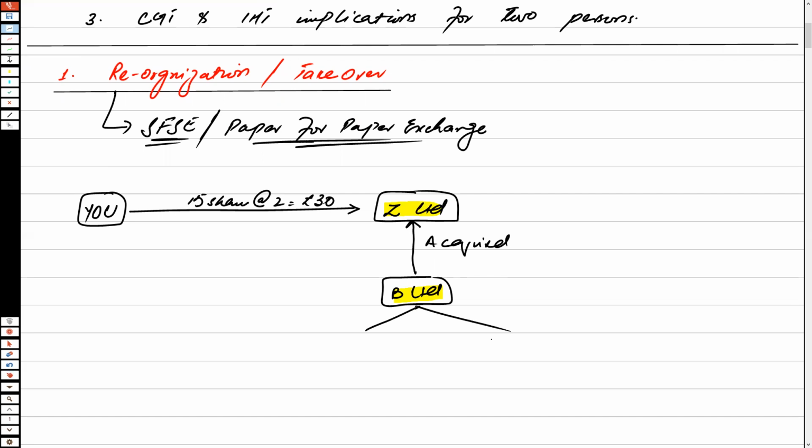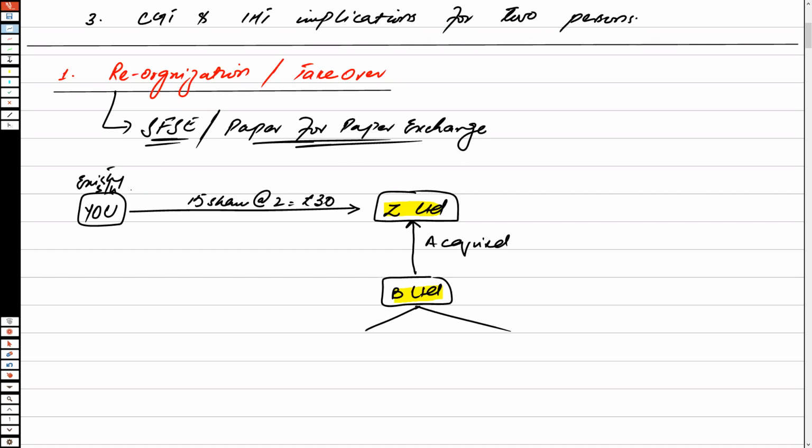So basically, the new acquirer company may offer a few shares or cash or loan notes to whom? To the existing shareholder of the investing company. You are the existing shareholder of company Z. Now company Z shareholding is being acquired by a new company which is named B Limited.